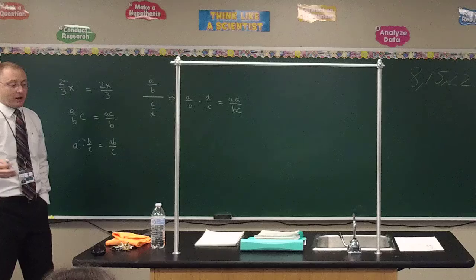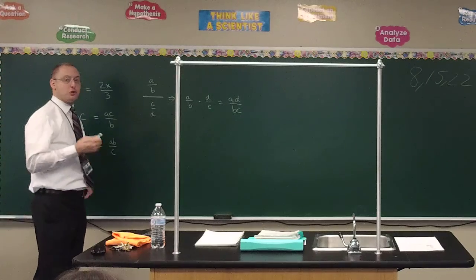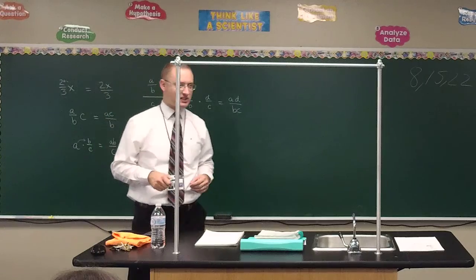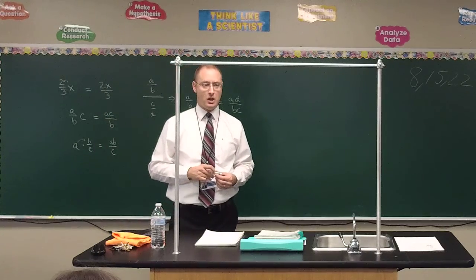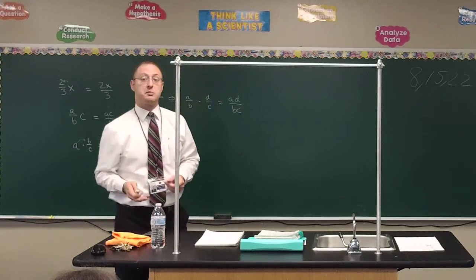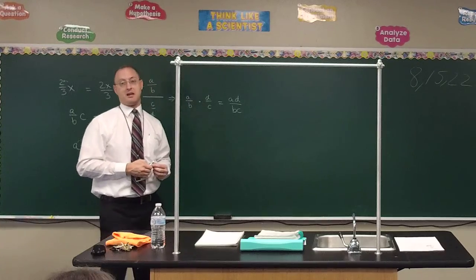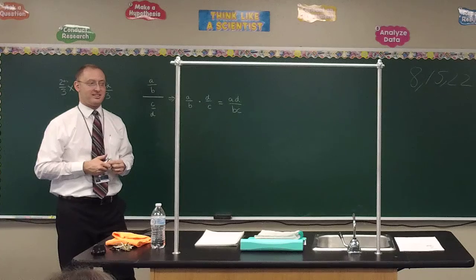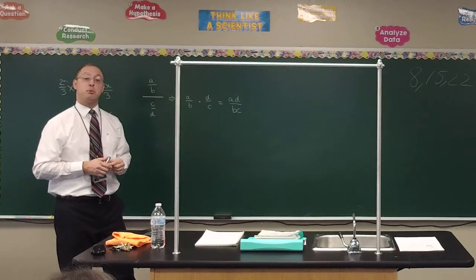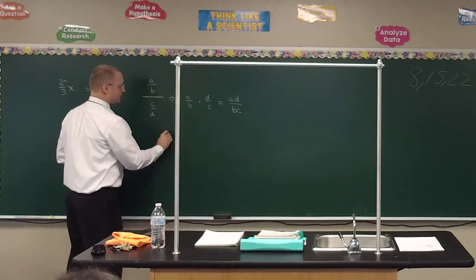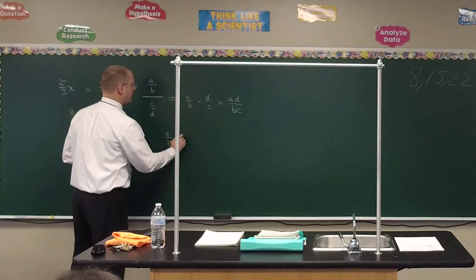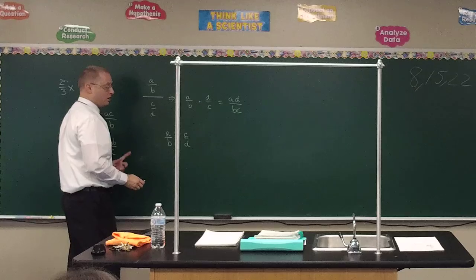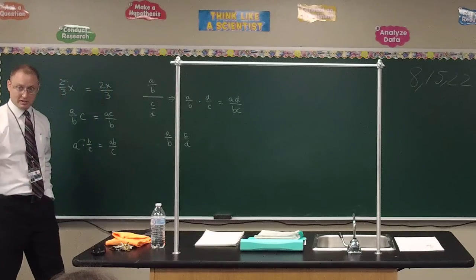Another thing that we'll see throughout the year talking about fractions are two fractions that are equal to each other. What do we call two equal fractions? Well, technically, yes, it's an equation, but it's a special kind of equation. It has a special name. A fraction equal to another fraction. A proportion, right? So if you saw something like this, A is to B as C is to D. If you were to see a proportion, remember how we solve proportions, class?